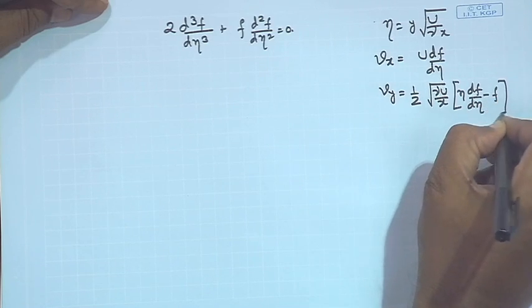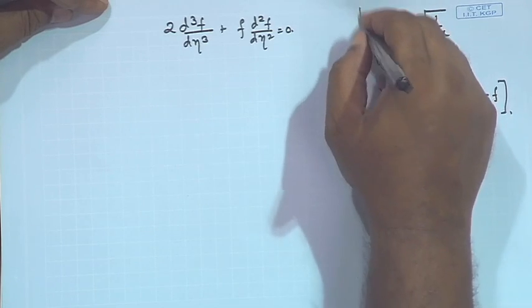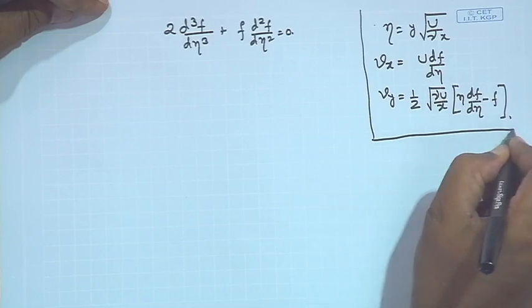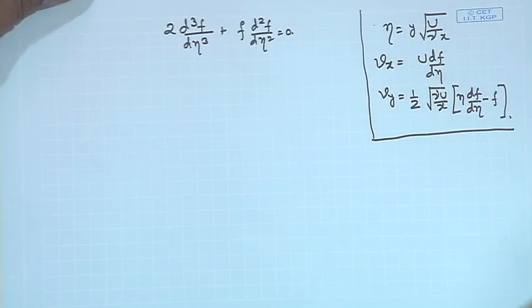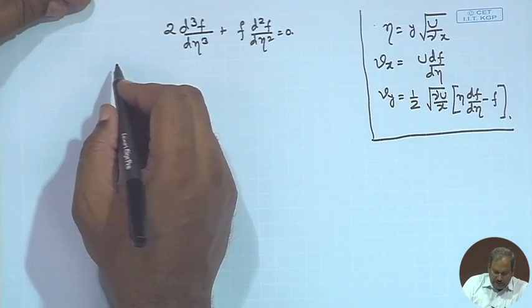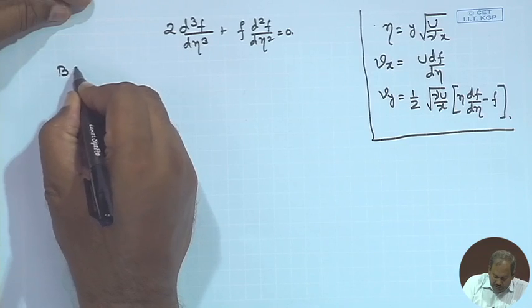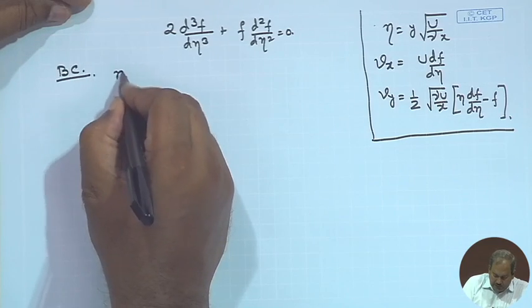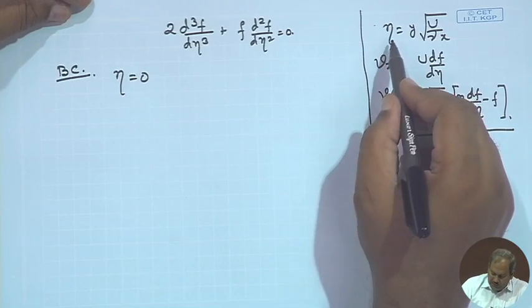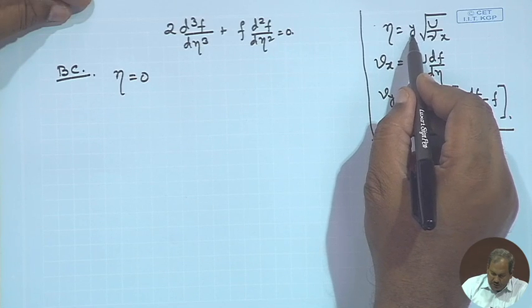These are the expressions that we have seen, so we will use them later on. We also understand that the boundary conditions to solve this equation are at eta equals 0, that means y equals 0.